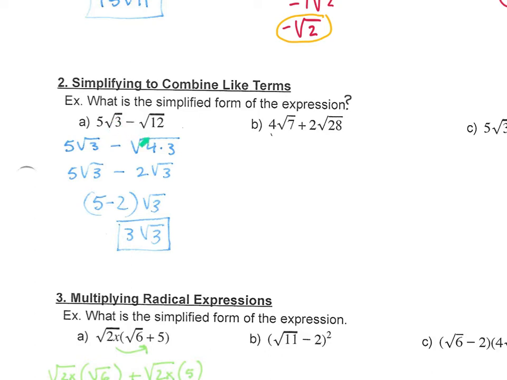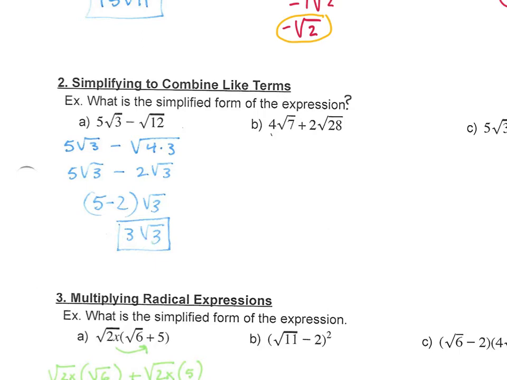But as we learned last section, I can simplify the square root of 12 to be 2 times the square root of 3. And now I do have like radicals. I have 5 square root of 3 minus 2 square root of 3, which ends up being 3 square root of 3. So therein lies simplifying radicals in order to combine them.